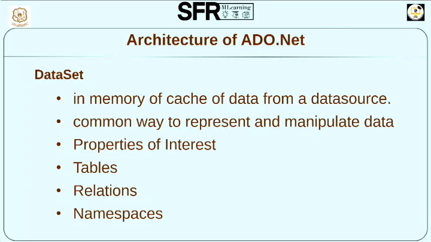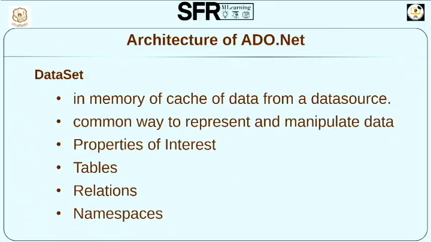Next, the dataset is a collection used to add and remove tables and relations. The main properties of interest are tables, relations and namespace. Tables returns the collection of data table objects. Relations returns the collection of data relations.